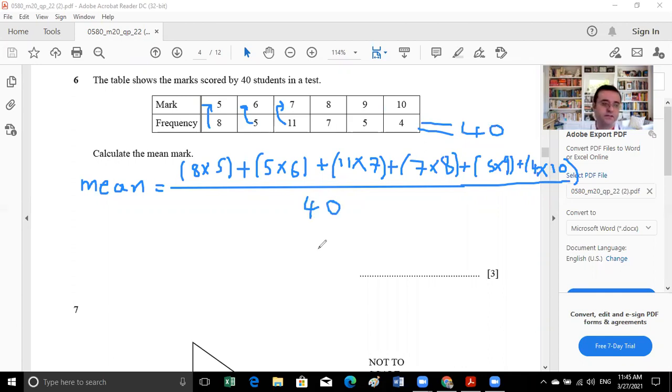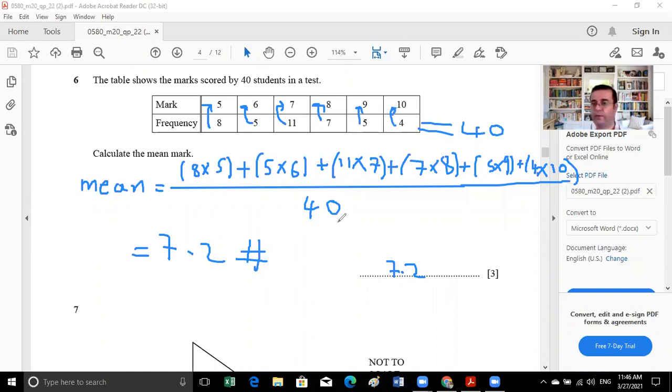Just save your time. The answer becomes 7.2. This is the answer. You get 7.2. Okay? This times this times this. And this times this. Okay?